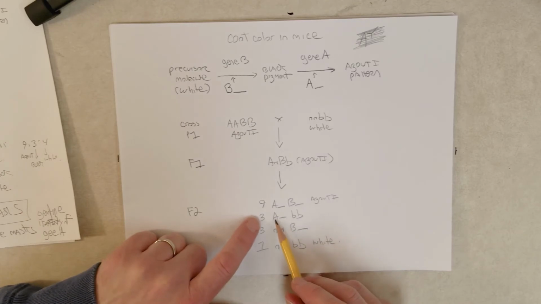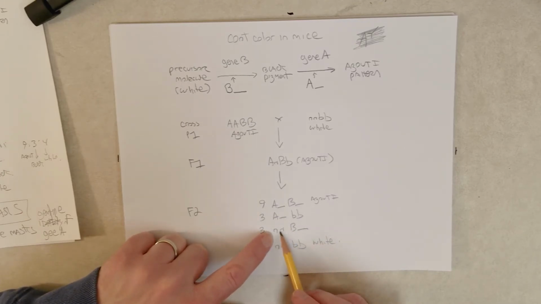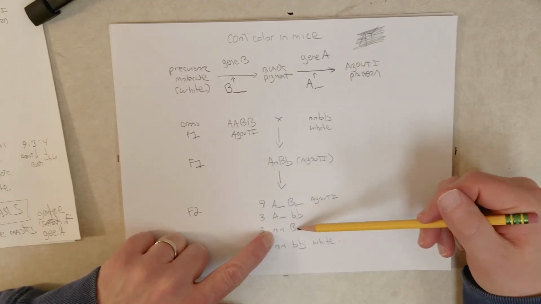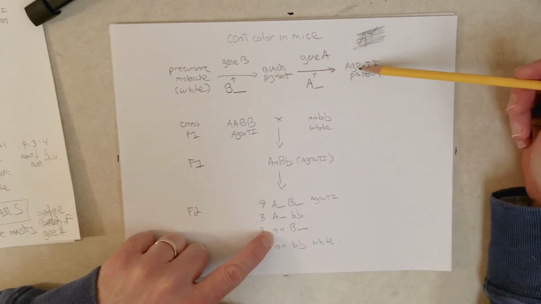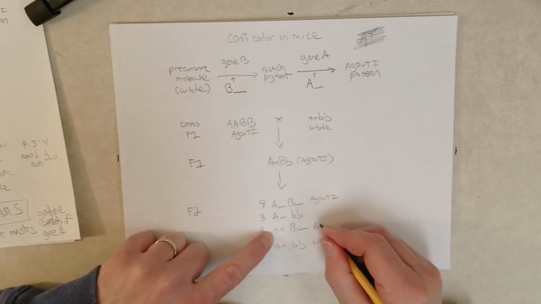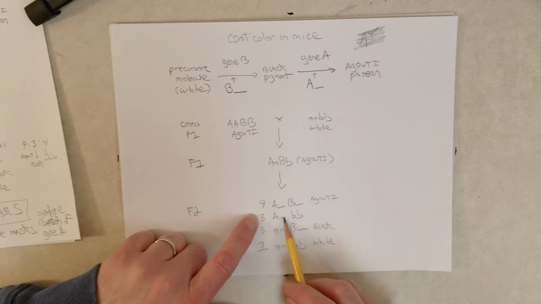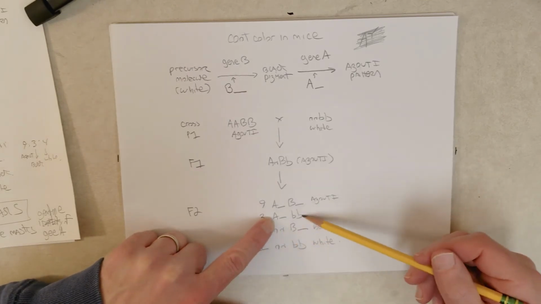Now, let's take a look at this one right here. 3 have 2 little a's and at least one big B. So they can make the black pigment, but they can't put the agouti pattern on top of the black pigment. So they are just going to have black fur color. However, this one right here has the big A allele, but it doesn't have a big B allele.